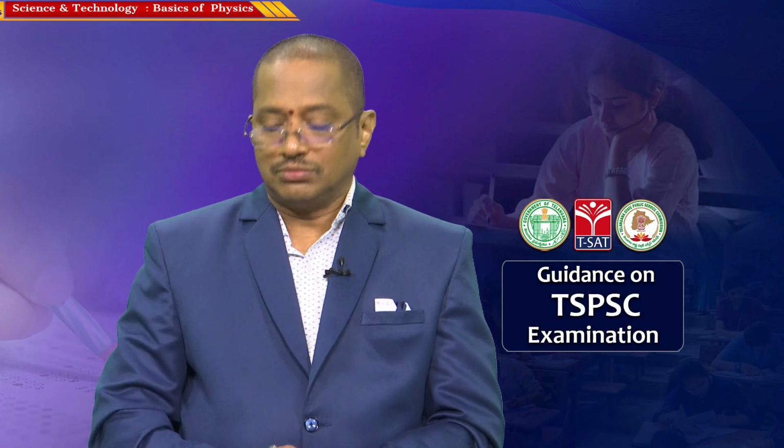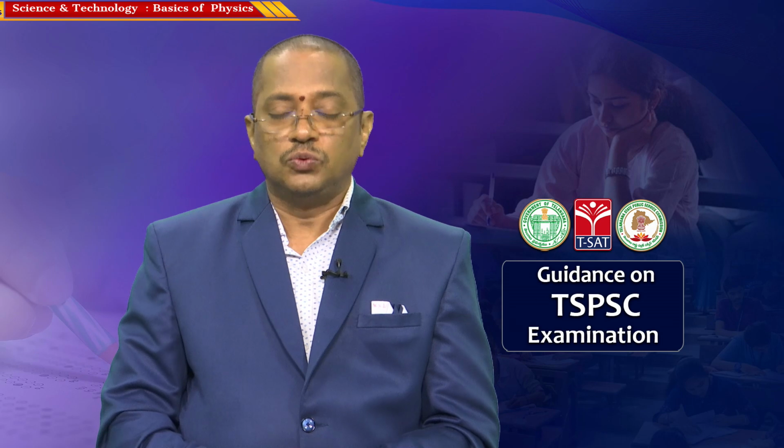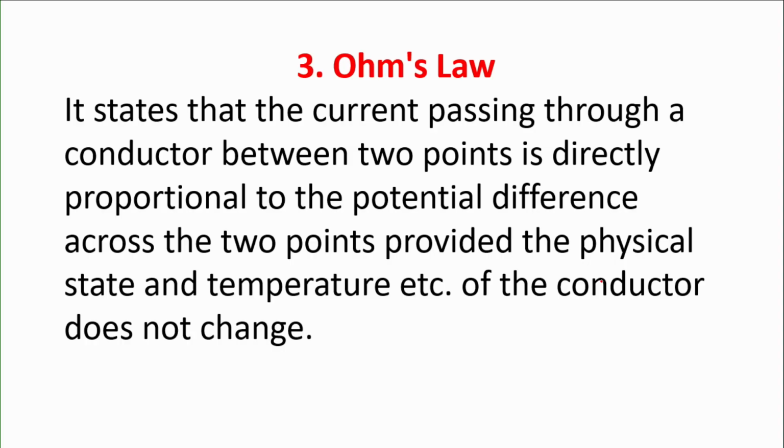Okay. Now we are going to see the next one, Ohm's law. It states that the current passing through a conductor between two points is directly proportional to the potential difference across the two points, provided the physical state and temperature etc. of the conductor do not change. At constant temperature, the potential difference between the two ends of the conductor is directly proportional to the current passing through it.